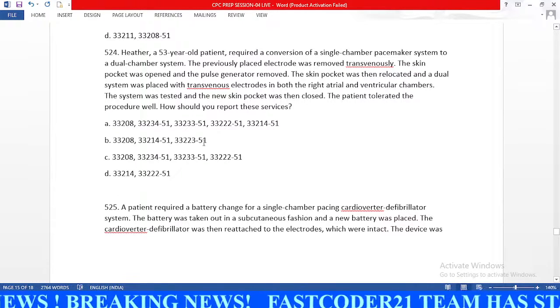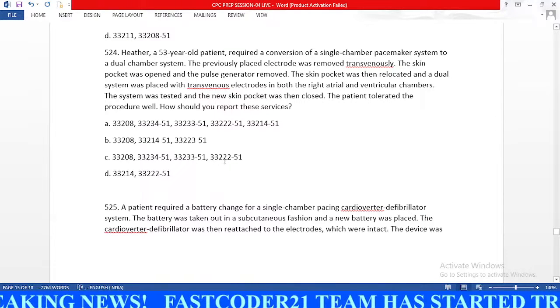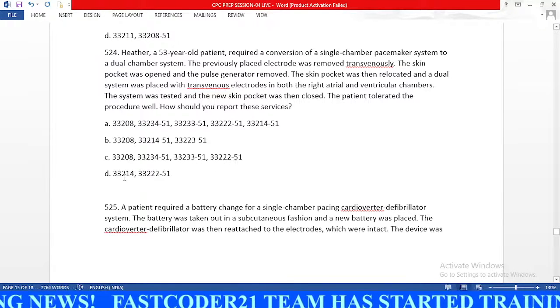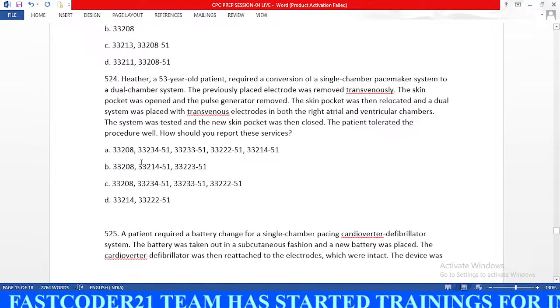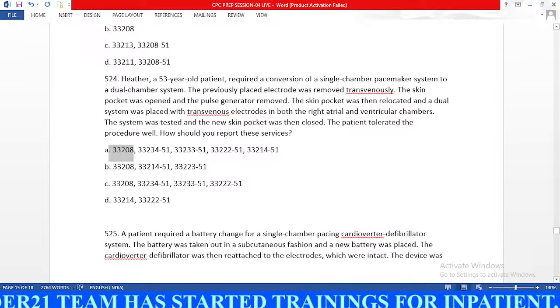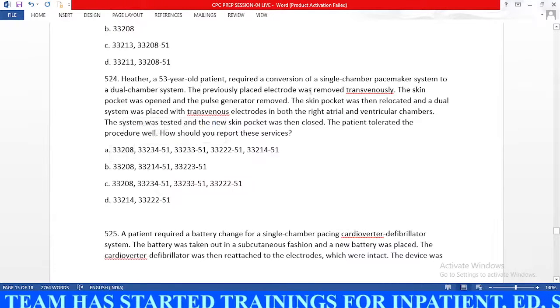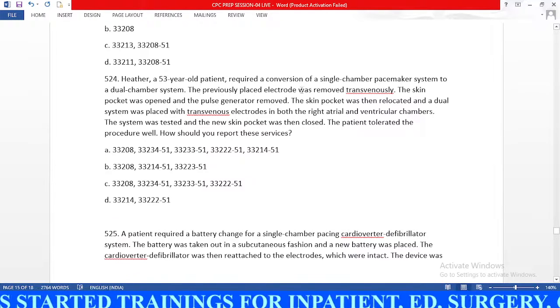B 33208, 214, 223, C 208, 234, 233, 222, D 214, 222. Guys, it is very easy. Just go to the book and check 33208. Compare this code description with our procedure. You need to understand exactly what the physician performed.